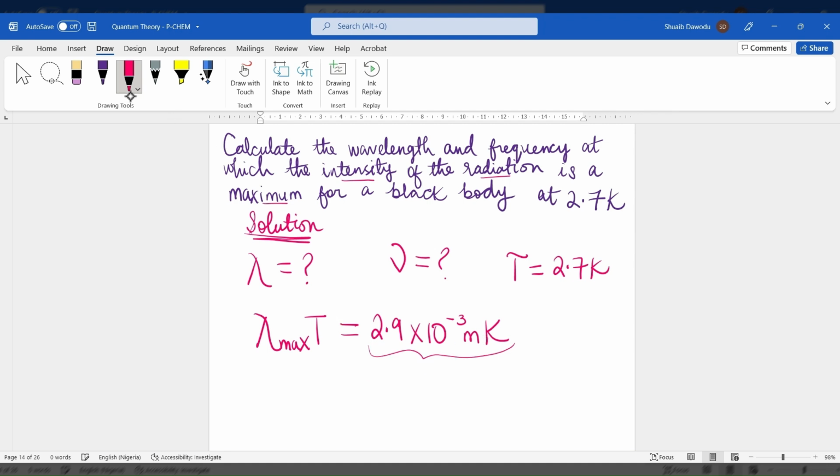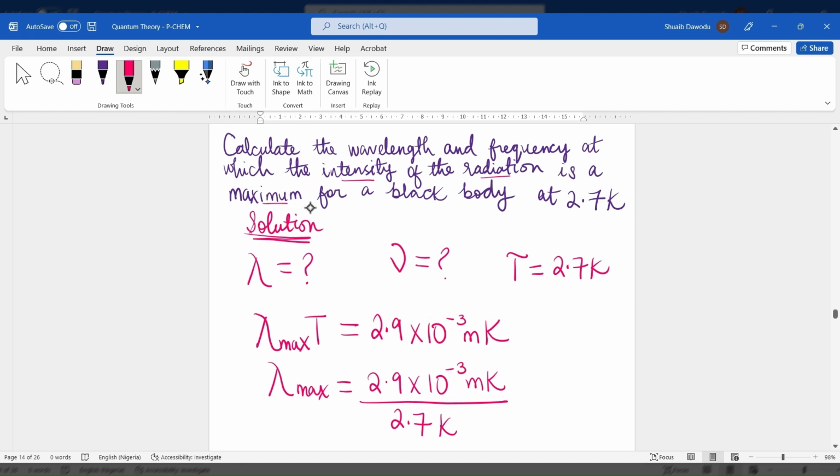Now that you have all of this information, you simply rearrange the formula and substitute. The wavelength at the maximum is going to be 2.9 times 10 raised to the power of negative 3 meter Kelvin divided by 2.7 Kelvin.